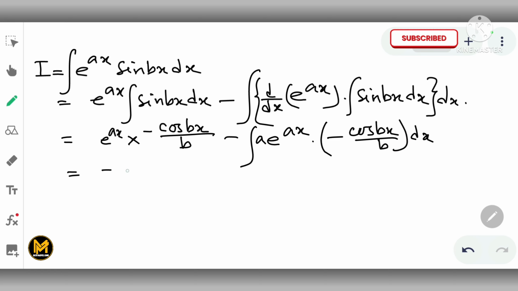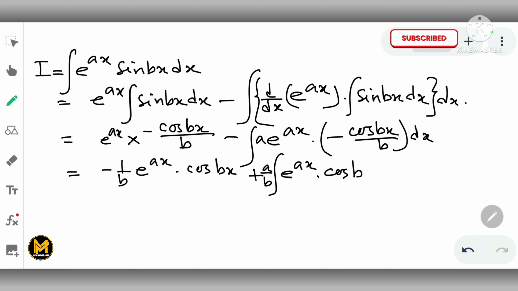Now we get minus 1 by b e to the power ax cos bx, minus minus becomes plus, and we will take a by b outside of the integration, so we get the integration of e to the power ax into cos bx dx.